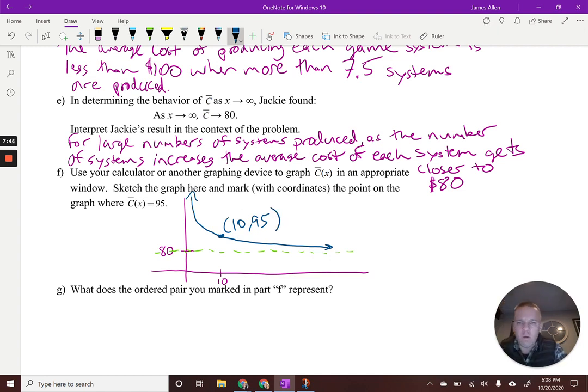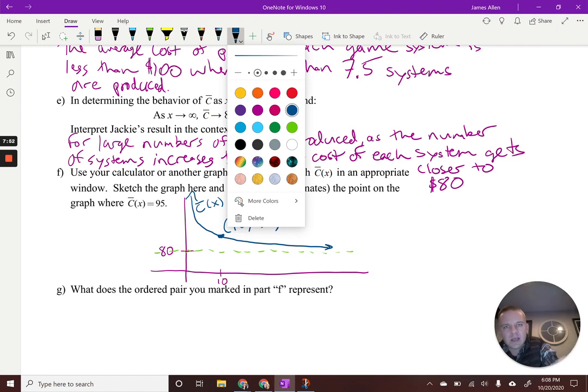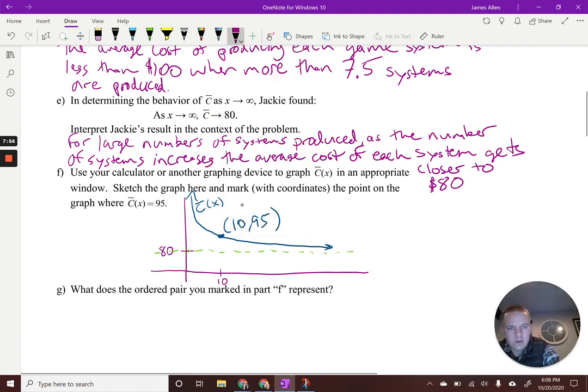I think that's pretty much what we need there. Maybe I'll label this guy as our C bar of x. That's our function right there. I love it. I'm going to throw my arrows on my axes. This is my y. This is my x. Beautiful. There we go. I like it.